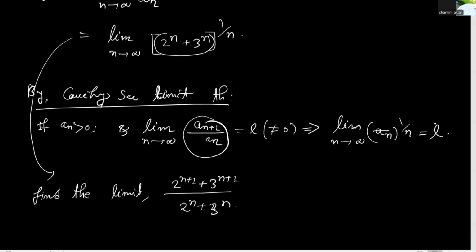This is our a_n ratio, and this is equation 3.